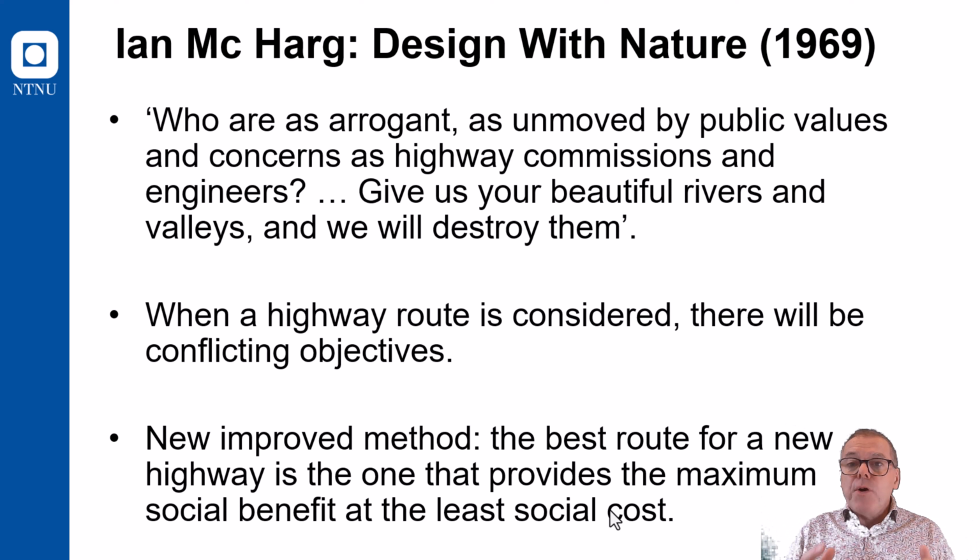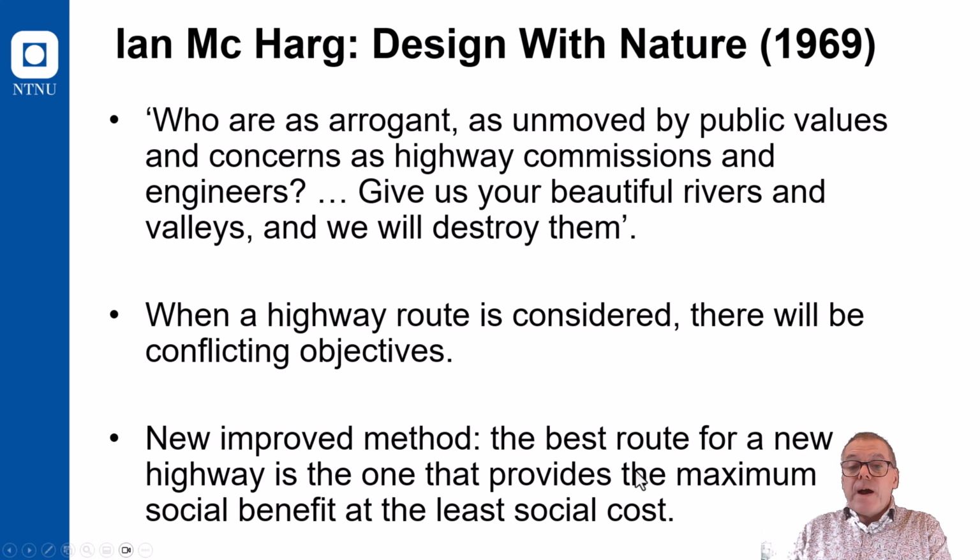Ian McHarg's point of departure was that there are always conflicting objectives regarding the land use. And then to be able to do the best planning of a new highway, all these different conflicting objectives must be included in the analysis.